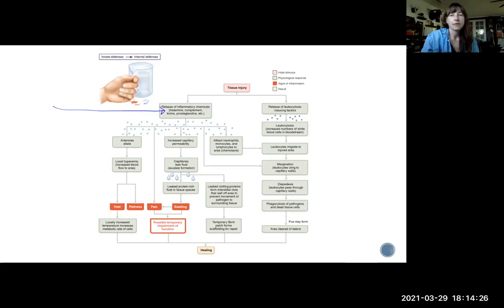So your histamines are part of the inflammation response. They're the ones that we associate with the inflammation response. You take antihistamines like Benadryl, stuff like that, to try and tamp down this inflammation response if it's for an allergy or something, right?